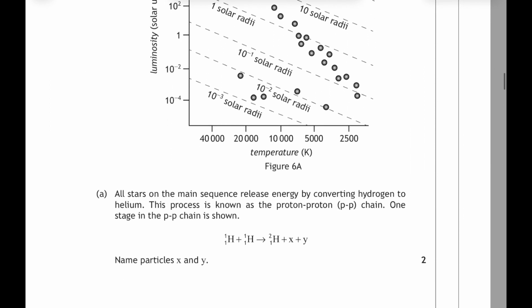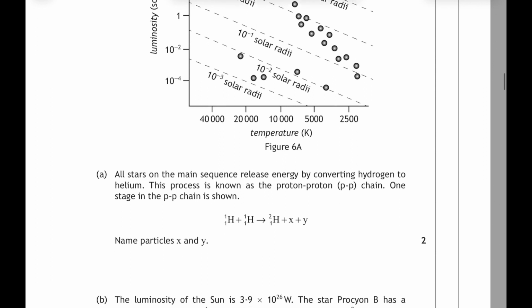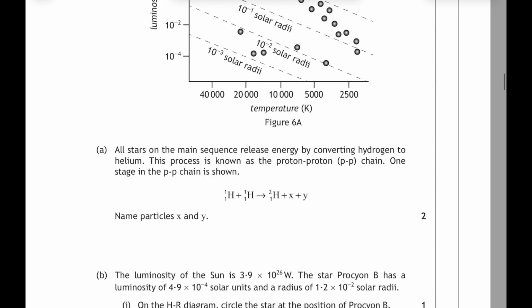So part A, all stars on the main sequence release energy by converting hydrogen to helium. This process is known as the proton-proton or PP chain, and one stage in the PP chain is shown. And we've got a proton plus another proton, which is changing into a deuteron. That's a hydrogen nucleus with 1 proton and 1 neutron.